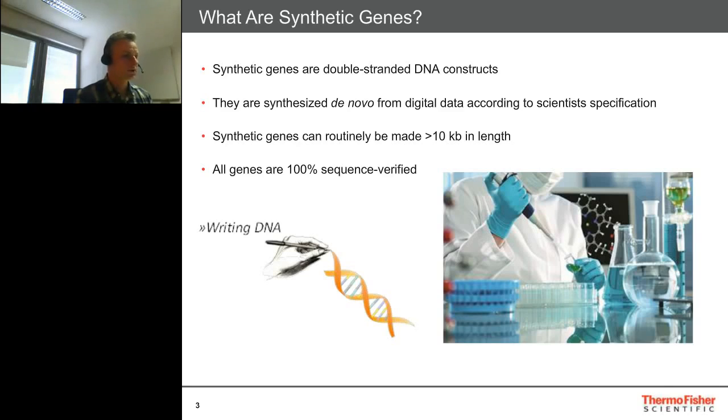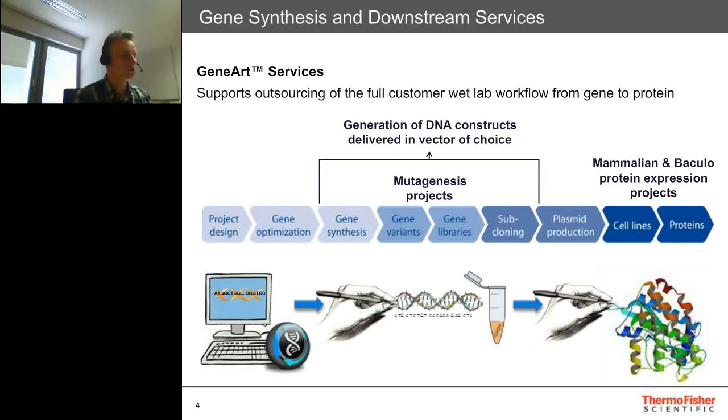So here in Germany at GeneArt, we are the competency center for writing DNA within the Thermo Fisher company. The next slide is coming up here. This is a short overview of the gene synthesis gene to protein workflow.